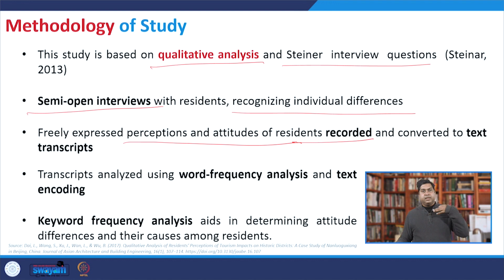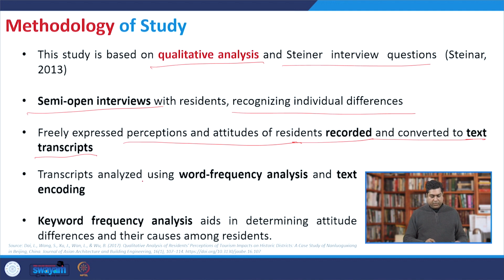And in this interview process, the recorded information was finally converted to a text transcript. So when I discussed in the beginning of this module on the qualitative research approach, I mentioned text encoding, or maybe speech to text. This is somewhat what they have used in this study as well.